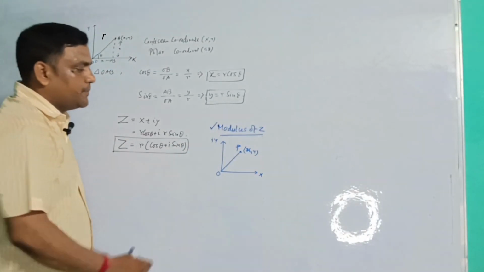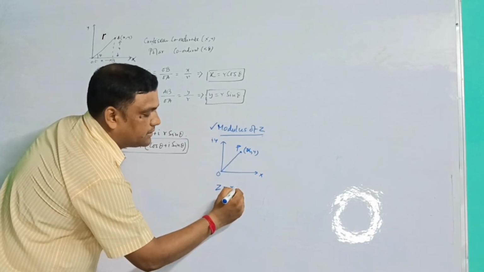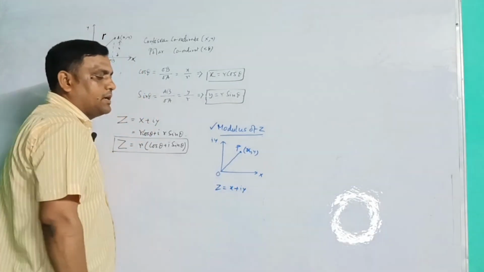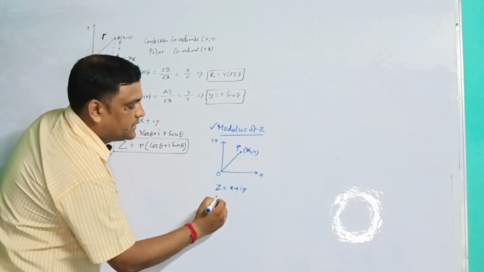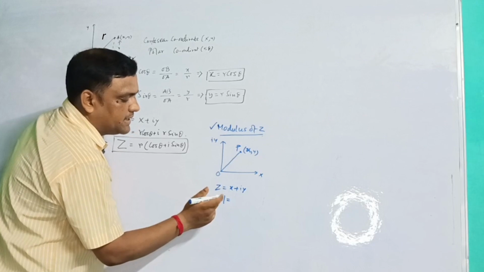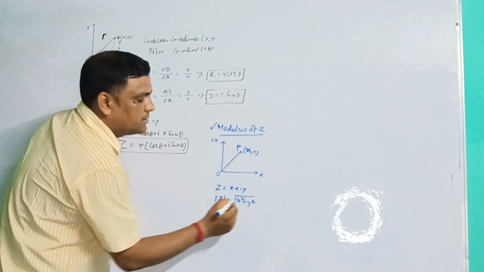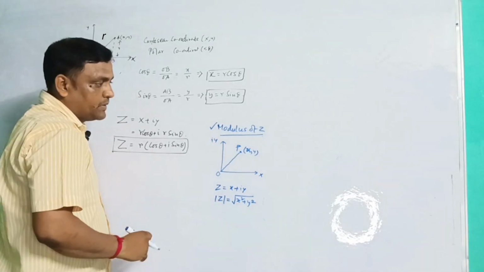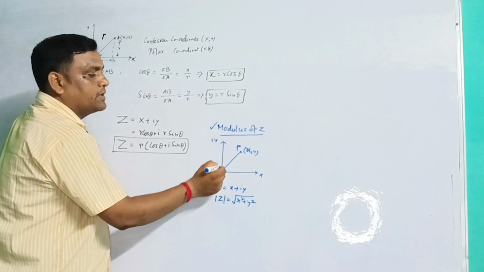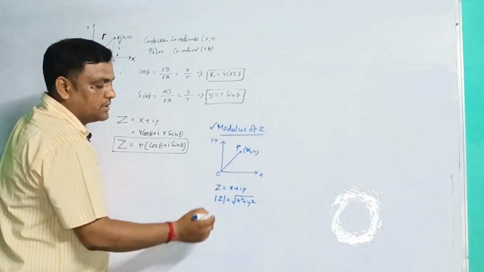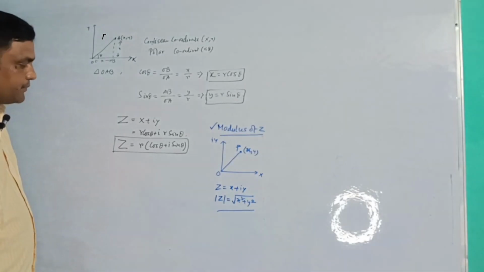Suppose z is equal to x plus iy. Then the modulus of z, defined as mod of z, is root under x square plus y square. So, the modulus of z basically represents the distance from the origin to that particular point.